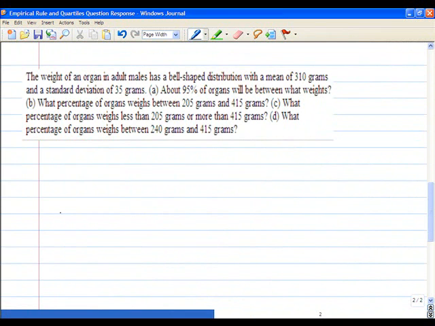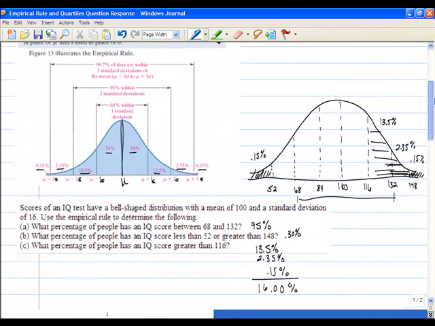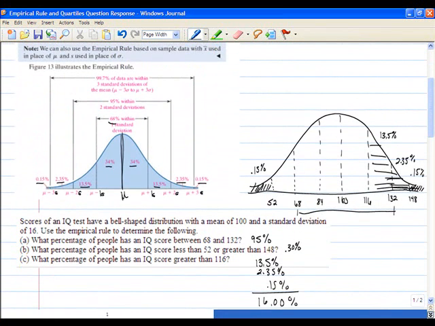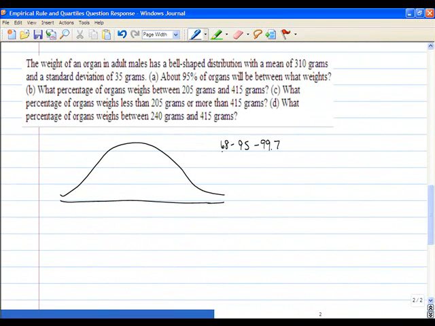All right, another example of how we could work this problem. Let's look at another one here. We can set up our distribution. A lot of times this will be referred to as the 68, 95, 99.7 rule, because if we learn those values, 68, 95, and 99.7, then we could construct this table at any point we need.